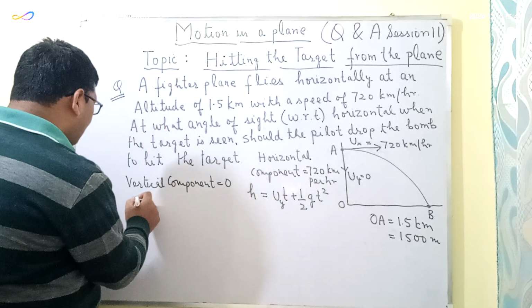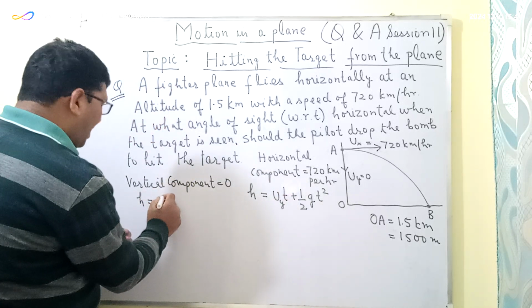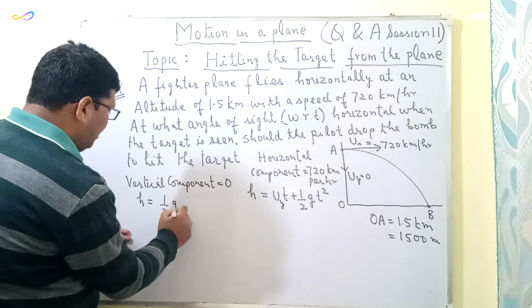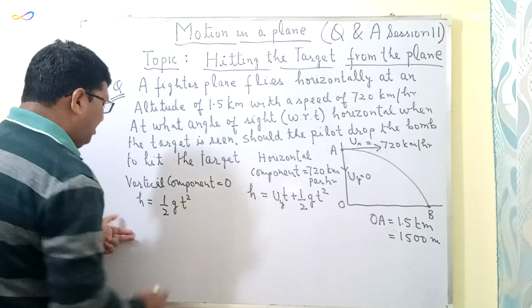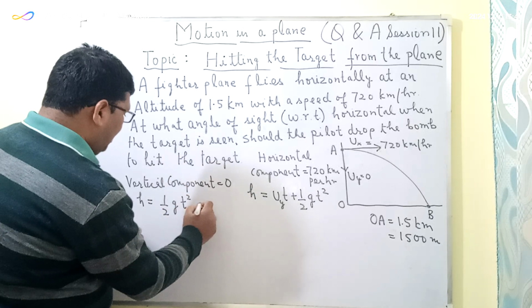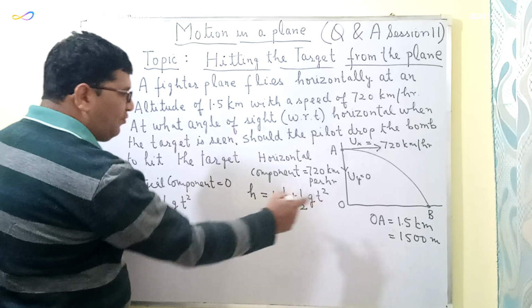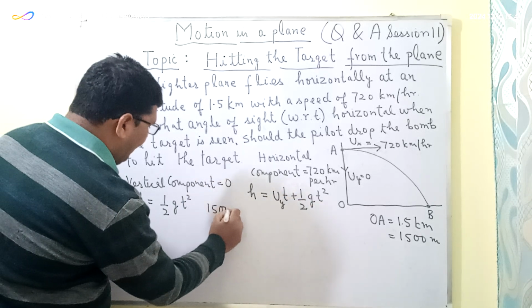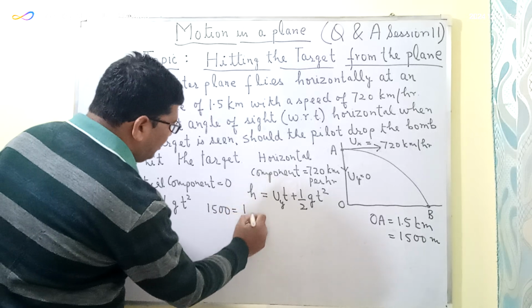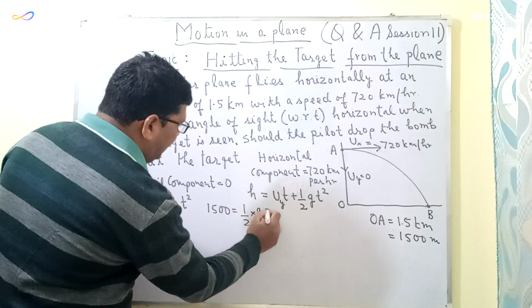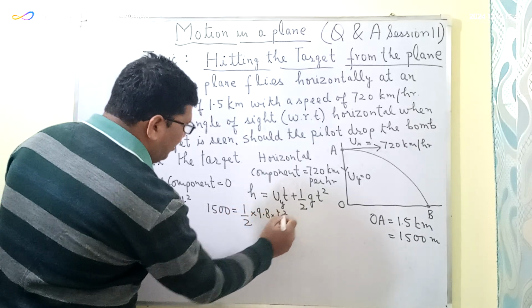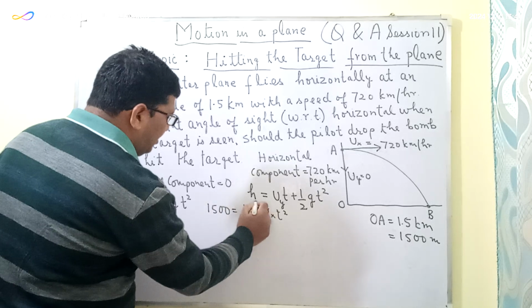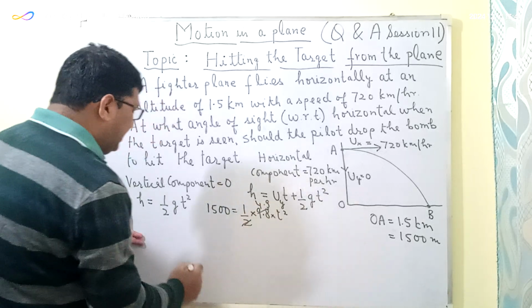So simply h will be equal to half gt square. Now h is known to us, which is equal to 1500 meters. So 1500 will be equal to 1 by 2 into g, which is 9.8, into t square. So from here, the value of t can be calculated.